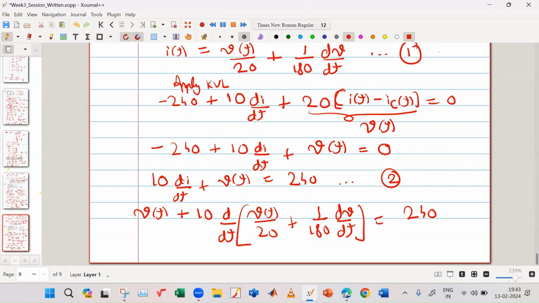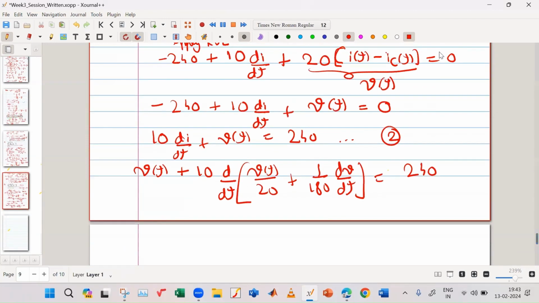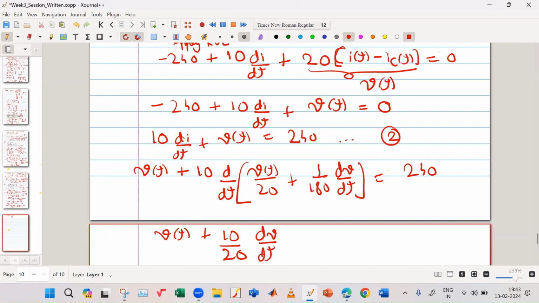I add a new page. So it becomes V of t plus 10 upon 20 into dV by dt, derivative of V, plus 10 upon 180 into the second derivative of V, d2V upon dt2, is equal to 240.